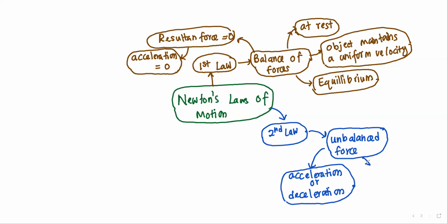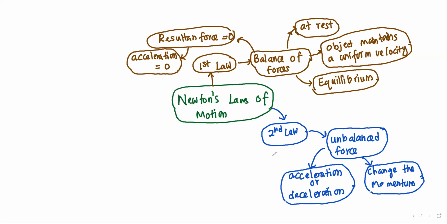Whenever there is an unbalanced force, another important thing happens: there is a change in momentum. Because if there is an acceleration, there is a change in velocity, and if the velocity changes, there is a change in momentum.